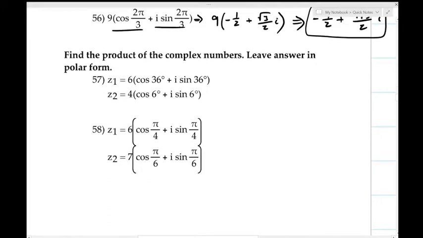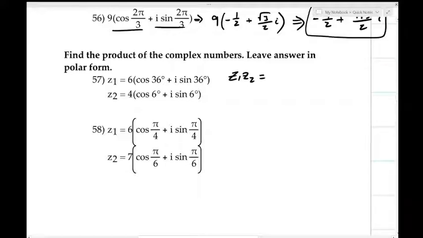Next, we want to find the product of the complex numbers. So notice that we have two complex numbers, z1 and z2, which are distinct complex numbers. Before we start, let's remember what the formula for multiplying two complex numbers is.